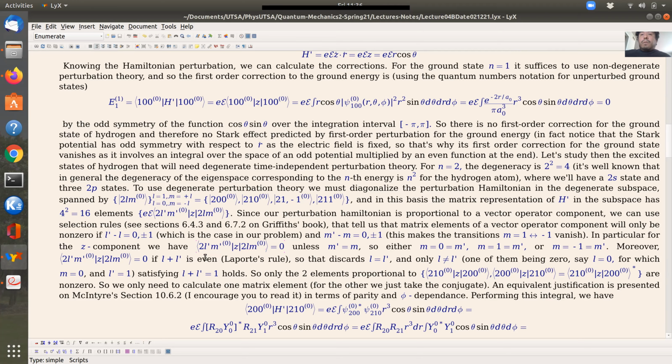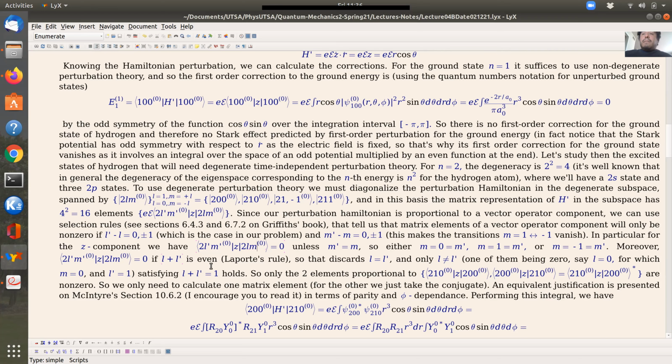The last rule, which is actually quite helpful and is called Laporte's rule, is that ⟨2L′M′| C |2LM⟩ is equal to 0 if L plus L prime is even.